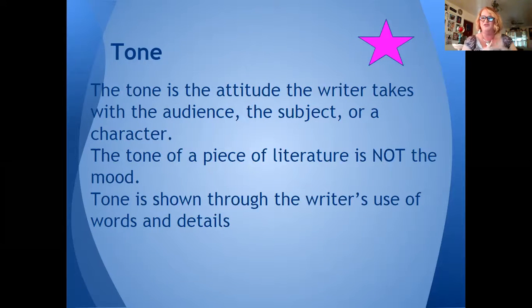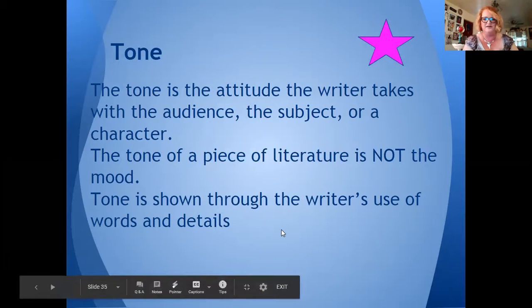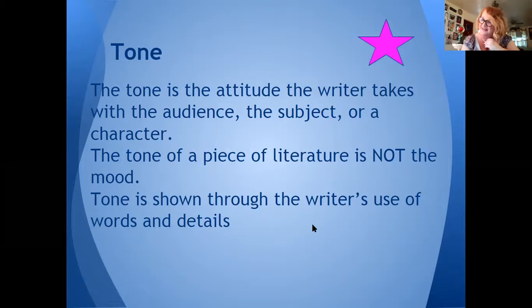And it's the way the writer uses the words. We'll go into much more detail than that. That's the end of our stuff. But we're not going to worry so much about the difference between the mood and the tone yet. When we get to that, then we'll talk a lot more about it.